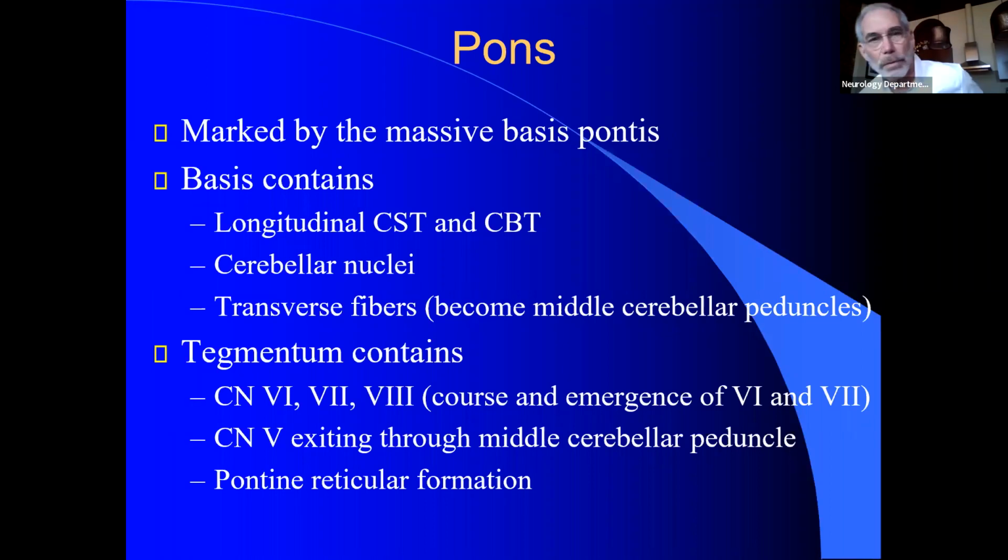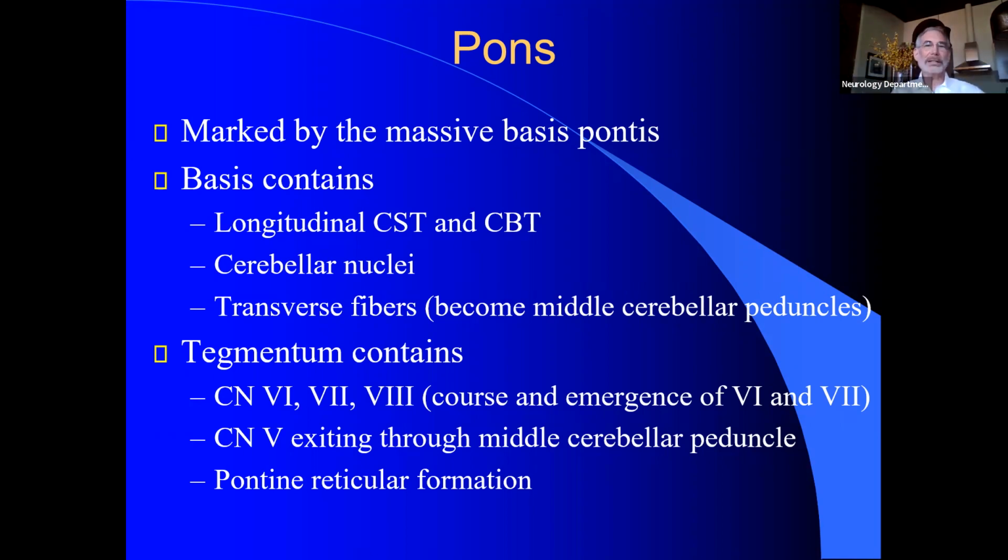Okay, moving into the pons. The basis pontis dominates everything about the brainstem and obviously dominates the pons. The basis contains the descending corticospinal and corticobulbar pathways, as well as the corticopontine pathways, which are the largest by far.